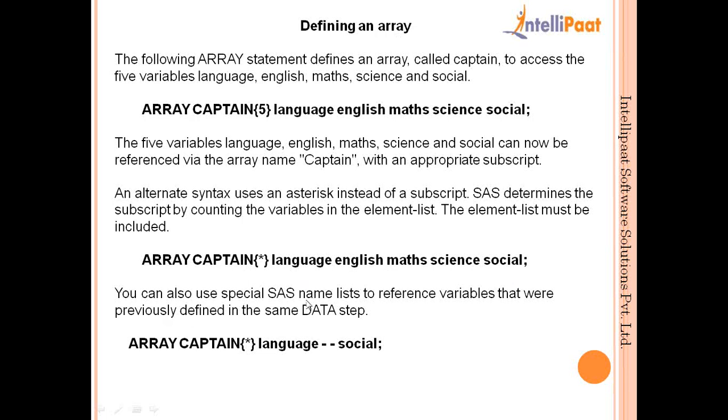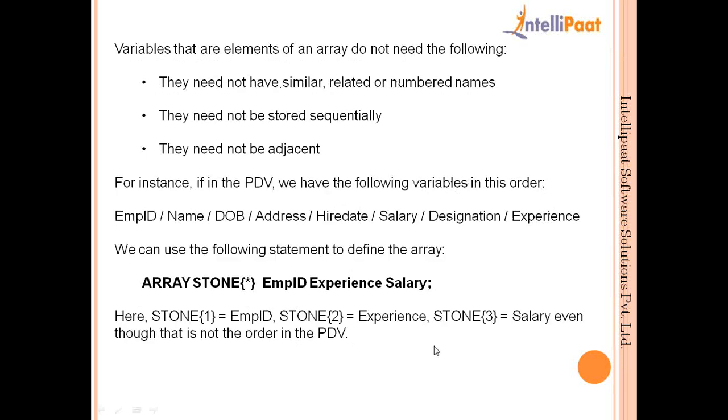Now you can also use a special SAS name list to reference variables that were previously defined in the same data step. Array captain asterisk science to social. Okay. Now variables that are elements of an array do not need the following.